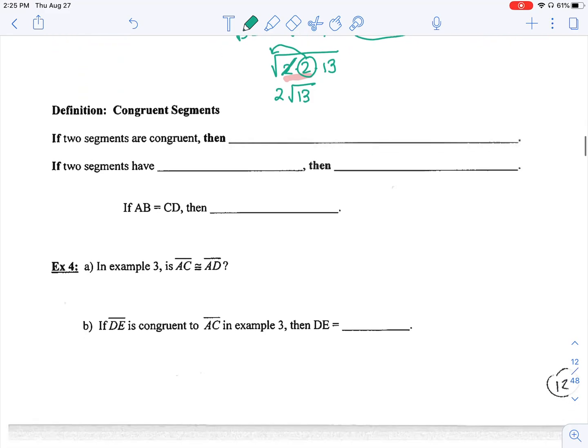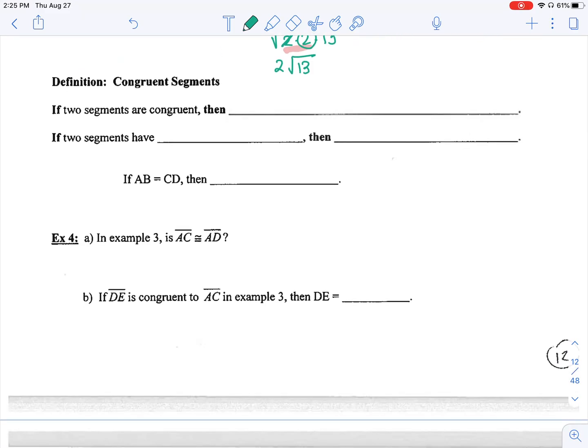So for congruent segments, this next section is just talking about what congruent segments are because we just talked about lengths of segments. Two segments are congruent if we can conclude that they have equal lengths. And then its converse, if two segments have equal lengths, then they are congruent.